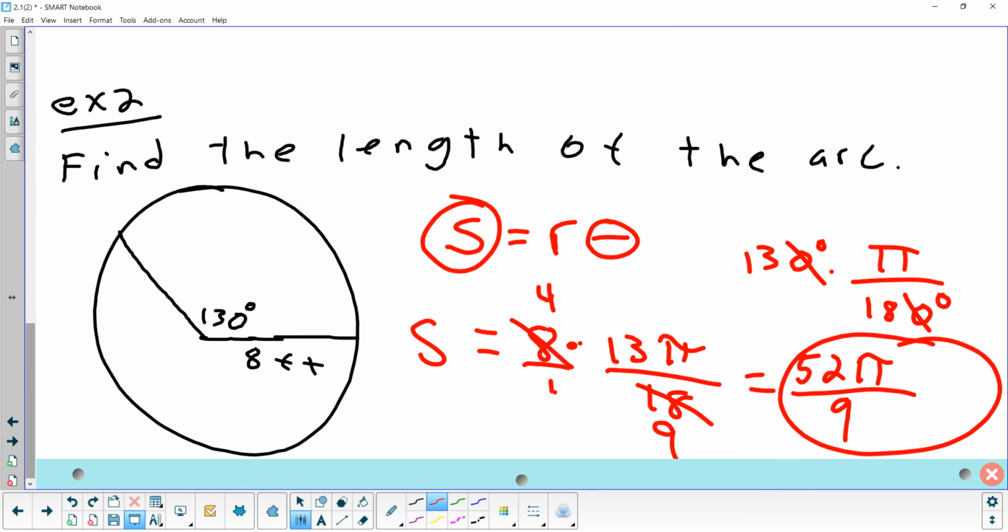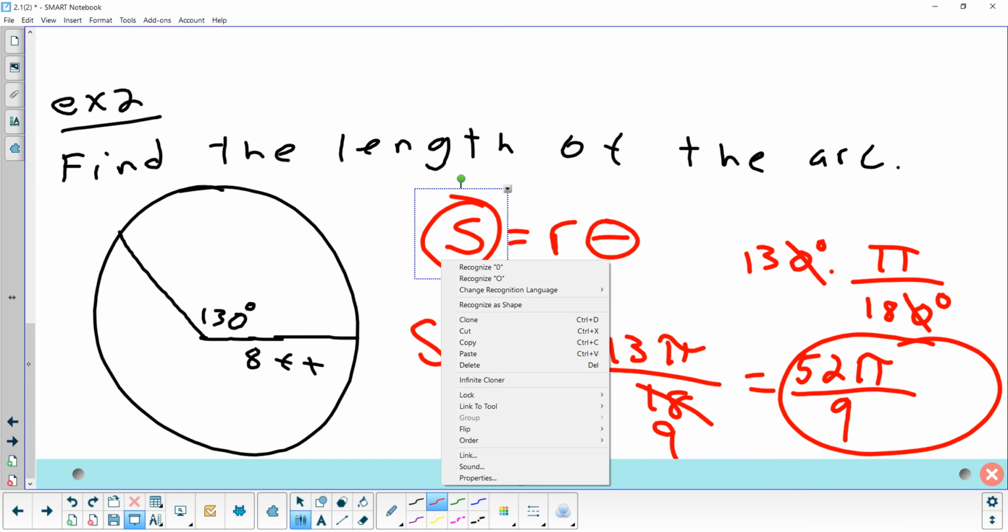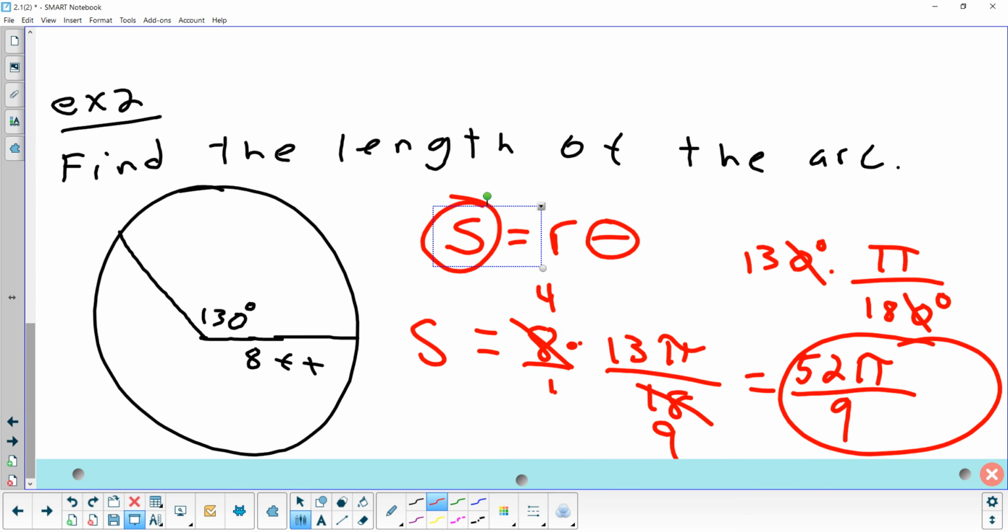Feet. Right? We were finding a length. There's 2 lengths in this formula. S is a length, R is a length. Theta is not a length, that's an angle. So we found a length. Lengths were measured in feet, so we need a label of feet. Okay, any question how you type that in if they wanted a decimal on the calculator?